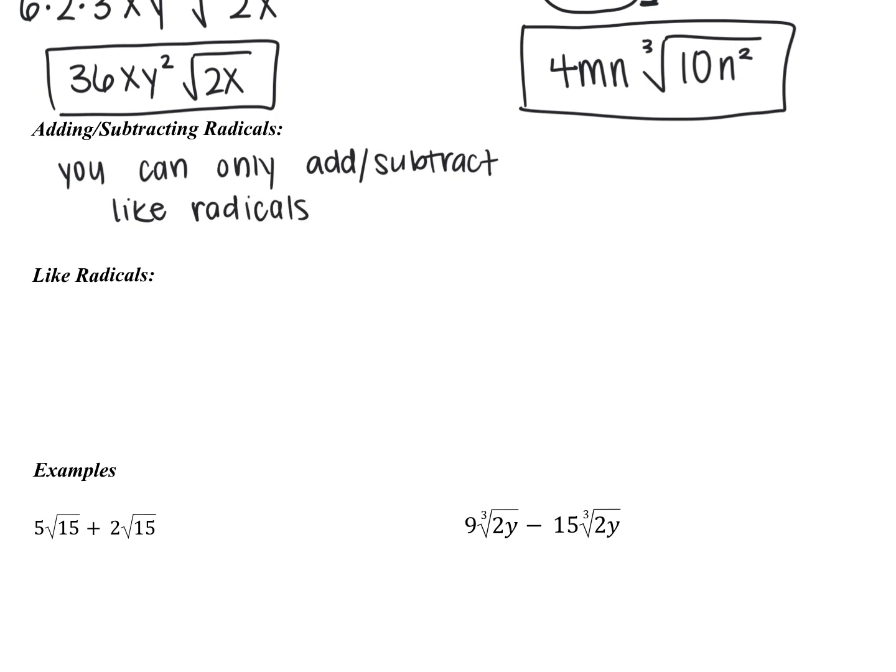When we say something is like radicals, it's any radicals with the same root and radicand.